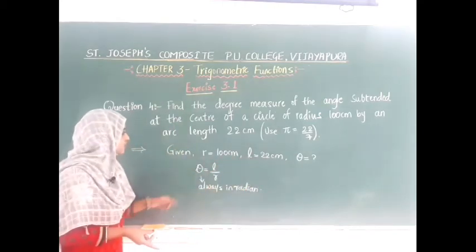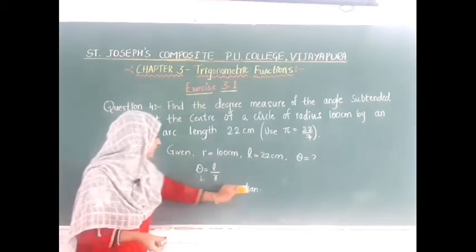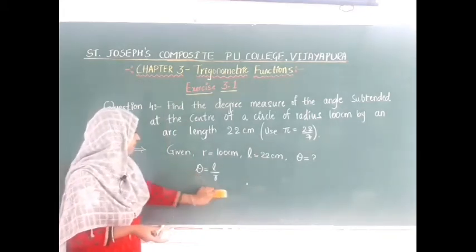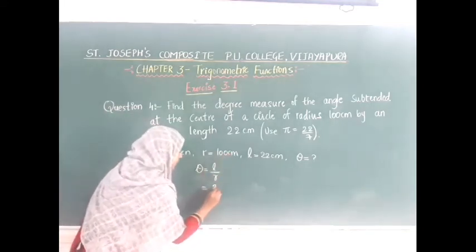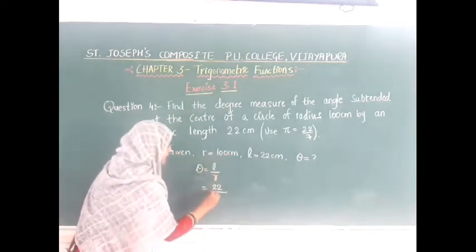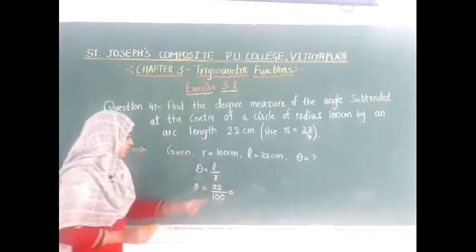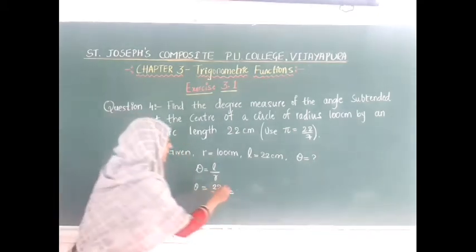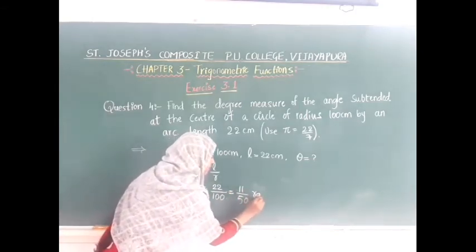So let's substitute L and R in this formula to get theta, which is equal to L, 22, divided by R, 100. On simplifying this, you will get 11 by 50 radian.